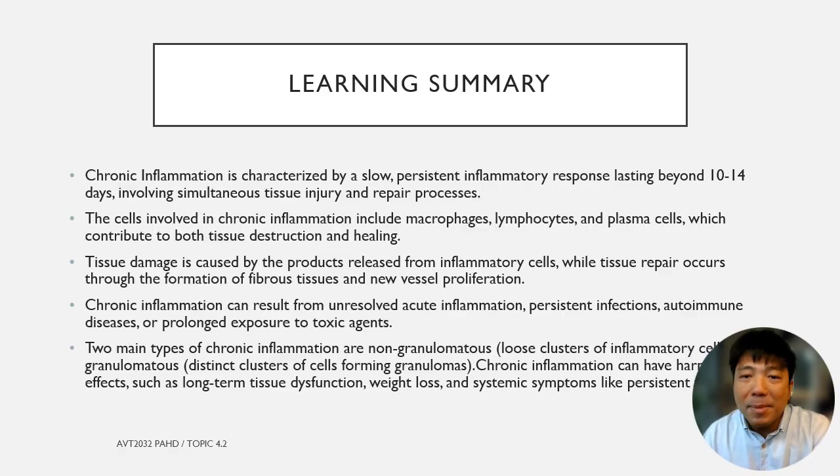While chronic inflammation can be a defensive mechanism against persistent infections or toxic agents, it can also cause harmful long-term effects, which include organ damage and systemic symptoms. Understanding the underlying mechanism helps us to diagnose and manage chronic inflammatory disease effectively.